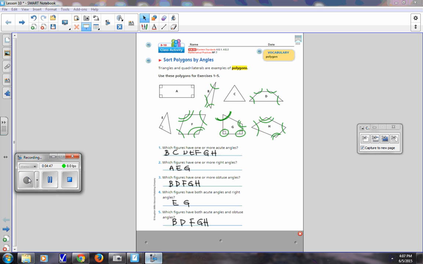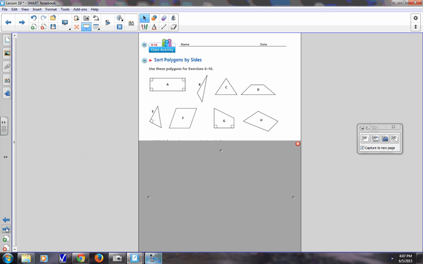So there are different ways to sort our polygons other than just quadrilaterals and triangles. You can also do it by their angles. But another way you can do it is by their sides. Now, these are the exact same polygons that were on page 333. Now we're going to sort them by their sides.